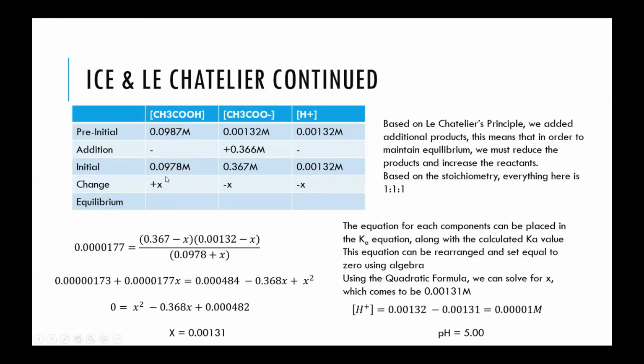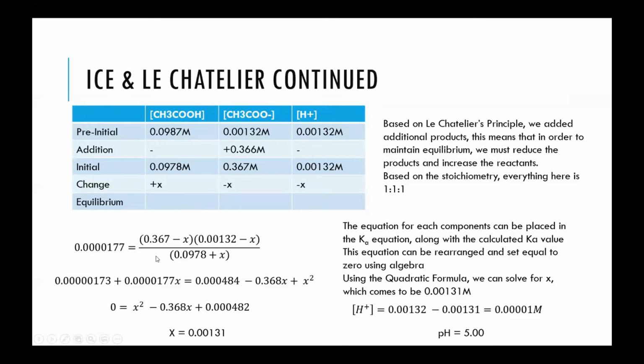For the acetate ion, it's 0.367 molar minus X. And for the H+, the acid, it's 0.00132 molar minus X. So now you would have all three of these components right here, and that will give you the concentrations of the equilibrium components.